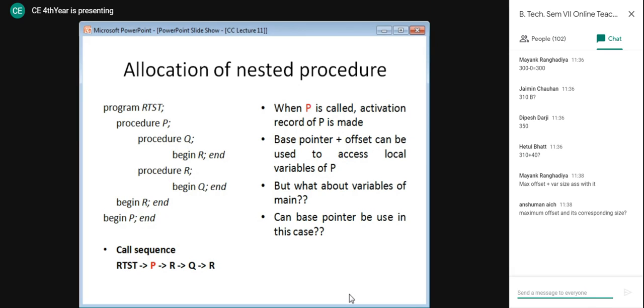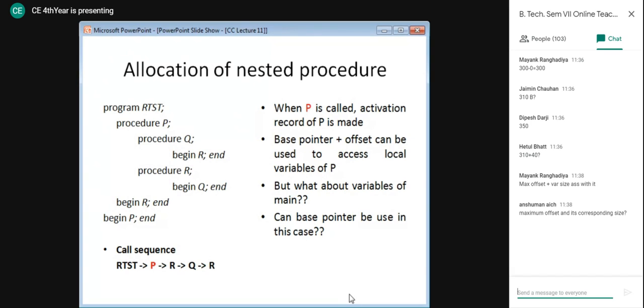Now, after this allocation is done, main is calling P. So when P is called, its activation record will be made and stored on the stack. Now, if I want to access the variables of P, then I always know the base pointer of the activation record for P, so plus the offset can give me access to the local variables of P. Getting this, all of you?